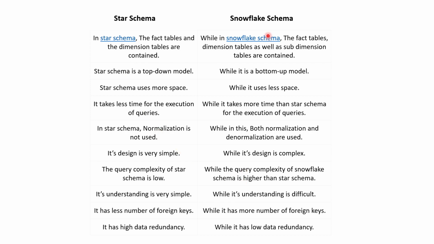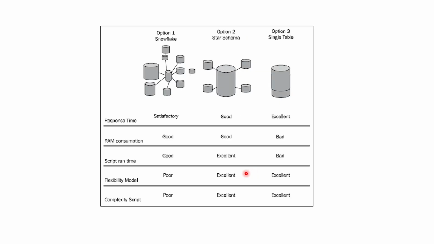In Snowflake, since we do normalization, no redundant values are available. So that's the major difference between Star schema and Snowflake schema. Here you can see the response time is satisfactory, and RAM consumption, script runtime flexibility and complexity of script are given like that.